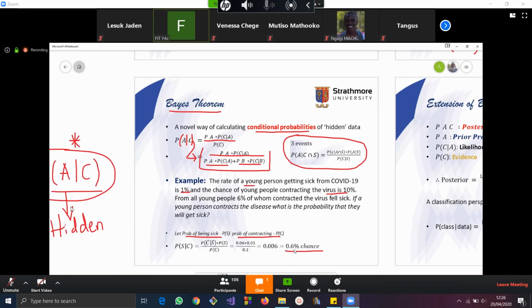If that were true, then this is quite some number, because it depends on how many young people there actually are. So 0.6% of 100 people is different from 0.6% of a billion people, etc.